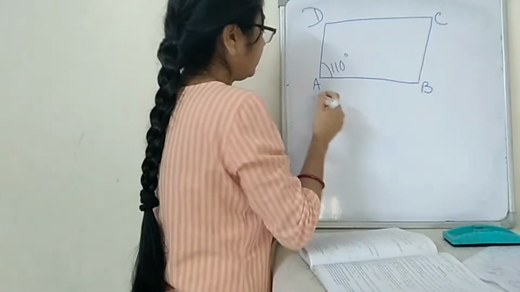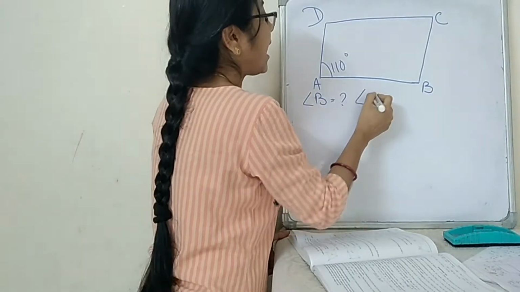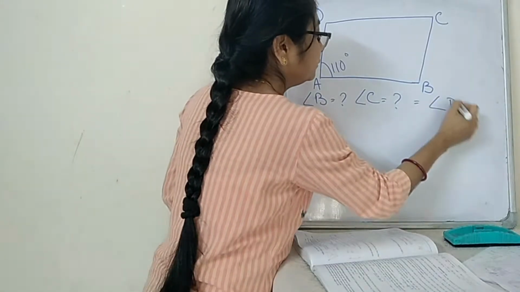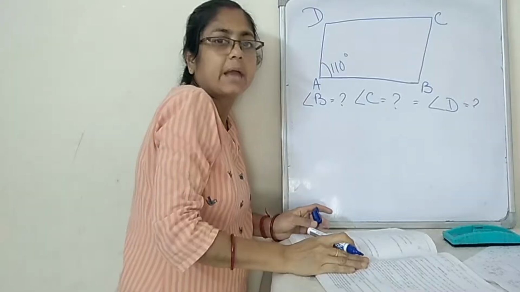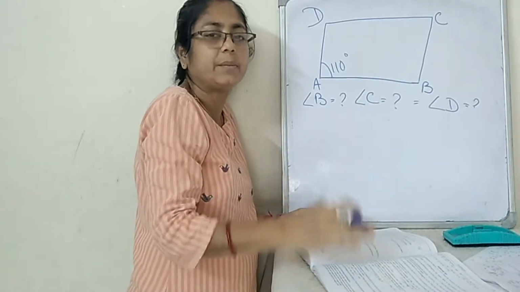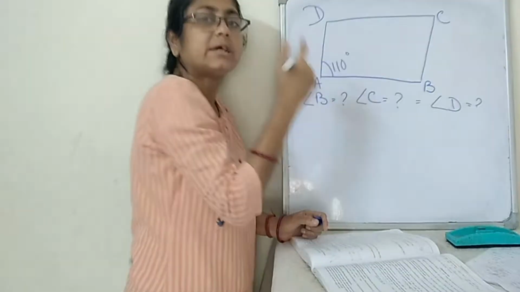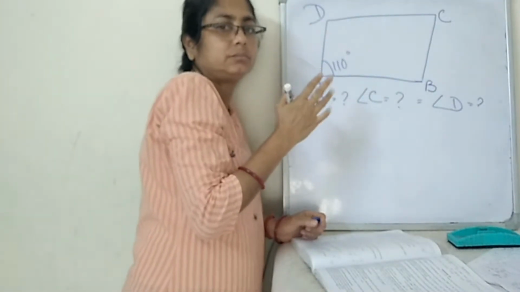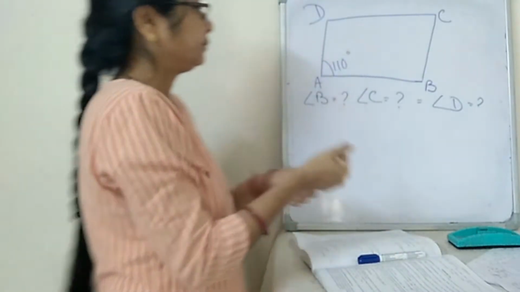Find out angle B, angle C, angle D. I give you 1 minute. You think and tell me how to do. Just before 2 minutes I tell you. What I am telling, just recall it.